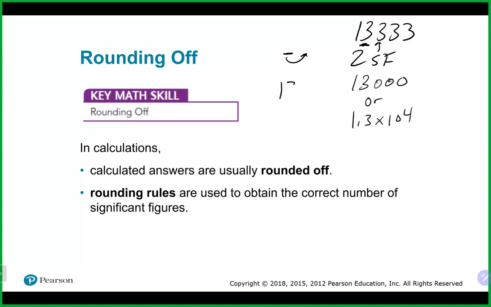Once again, 13 is not an acceptable answer. Even though it is 2 significant figures, there is a very big difference between the meaning of 13 and the meaning of 13,333. It is a very common error that people make. As I mentioned earlier, they're so focused on needing to get the right sig figs that they forget and go crazy on the rounding.